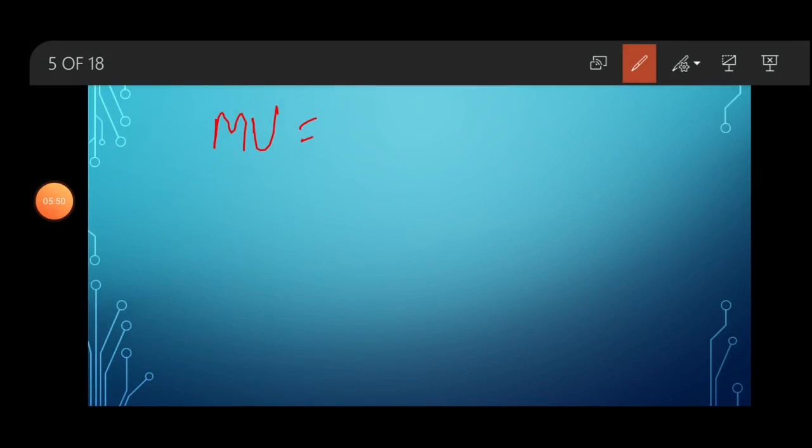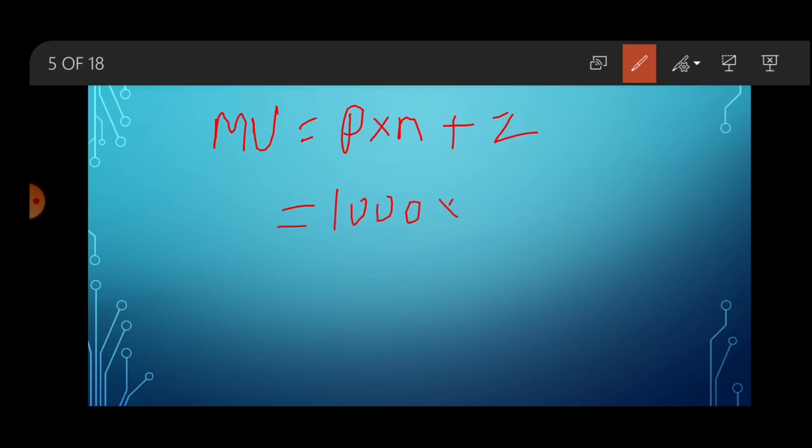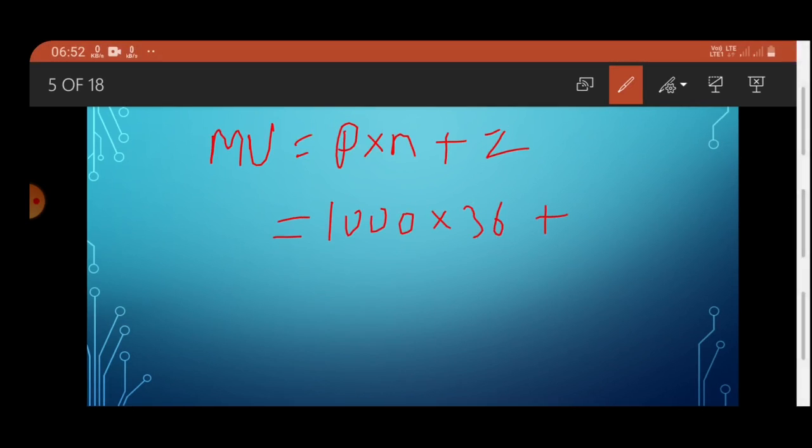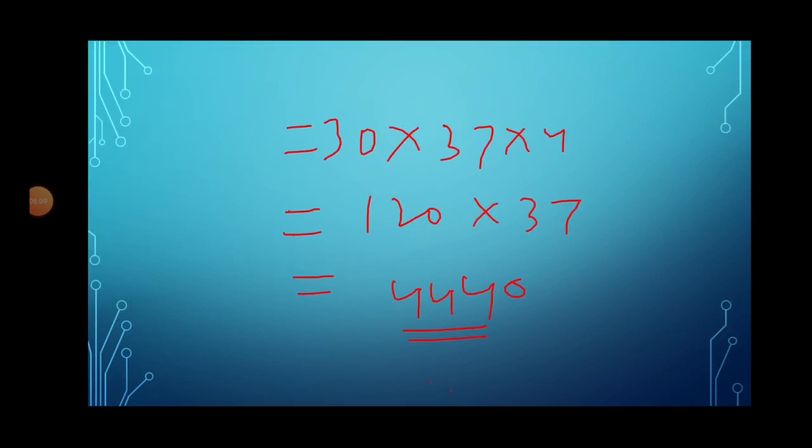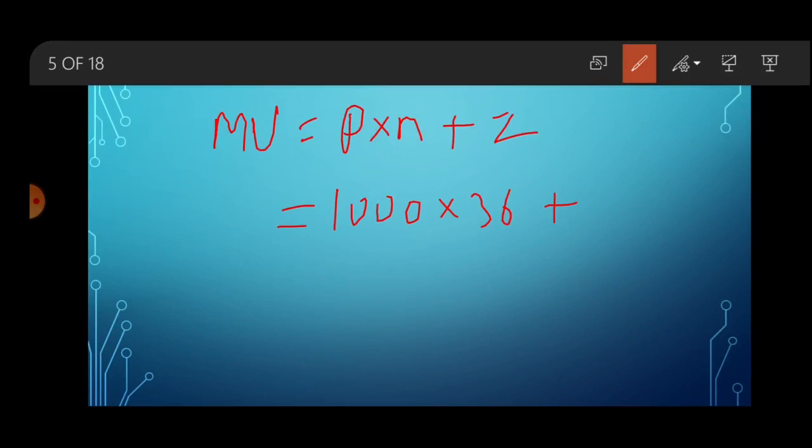Your MV will be given by P into n plus I. Your principal amount is 1000, n is 36, plus the interest you just calculated, 4440.